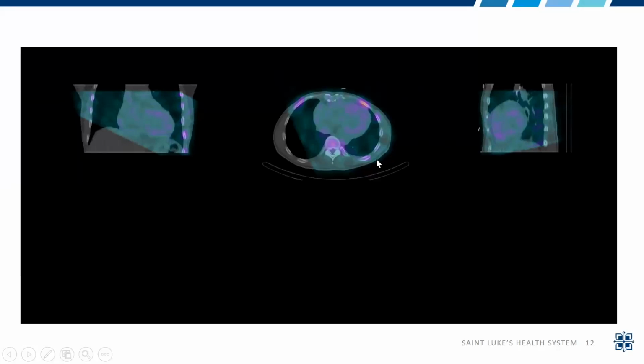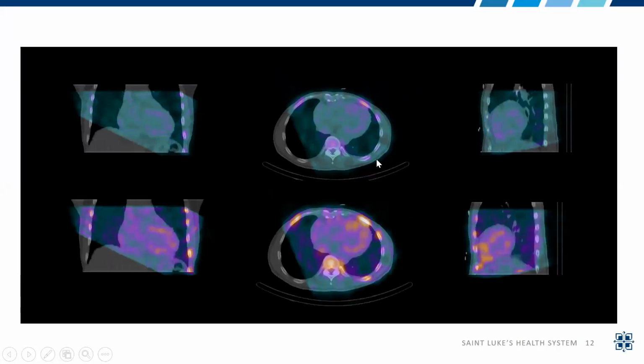If you scale this image up a little bit, this is what you see. And now you're starting to say, okay, well, maybe this is positive. Normally we think of grading a PYP scan on the planar images with respect to the rib.